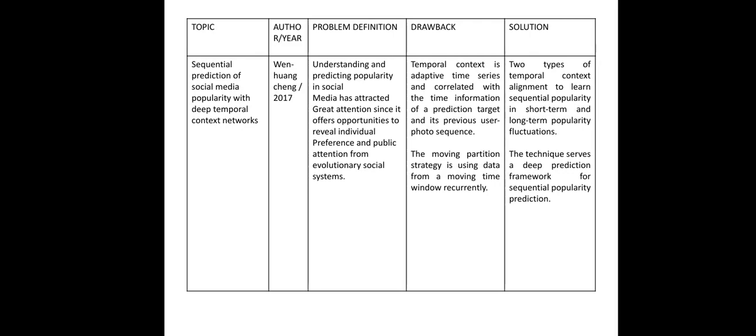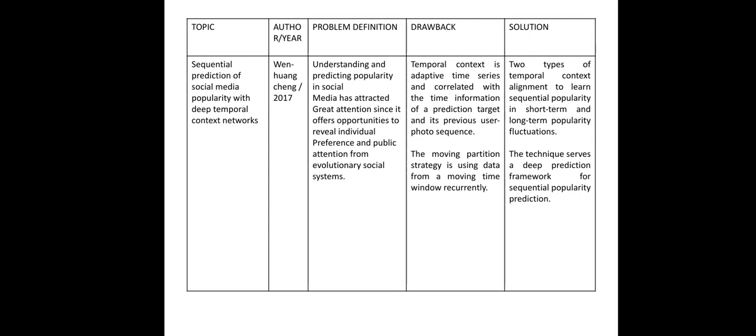Drawbacks. Temporal context is an adaptive time series and correlated with the time information of a prediction target and its previous user photo sequence. The moving partitions strategy is using data from a moving time window recurrently.